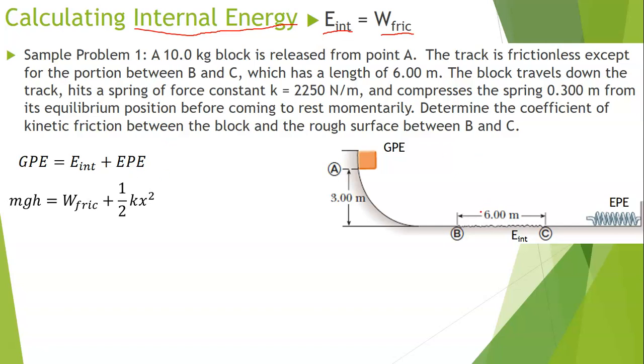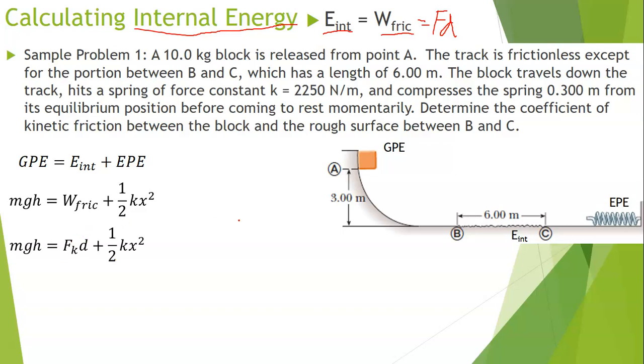So how would we calculate the work done by friction over this 6 meter length? Well, we know that work is equal to force times distance. So it'll be the force of friction times the distance the block goes. Now, how do we calculate this force of friction?